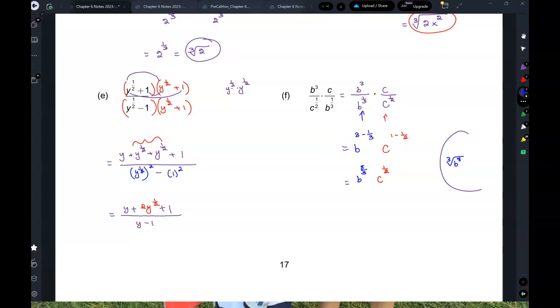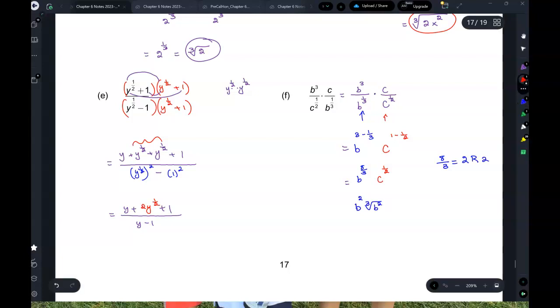We were doing 8 divided by 3 and then the remainder stuff. 8 divided by 3 is 2, remainder 2. So this is going to be B squared, cube root of B squared, times root C.